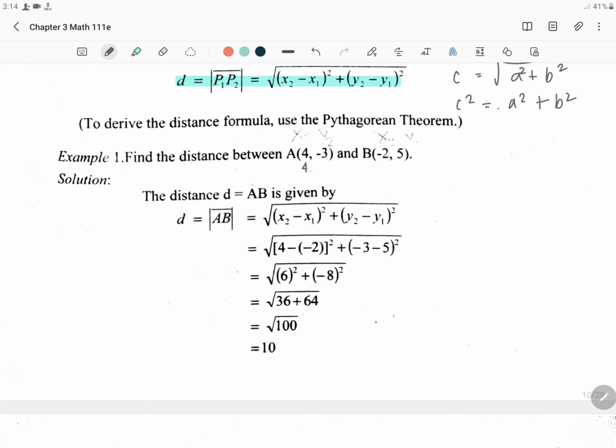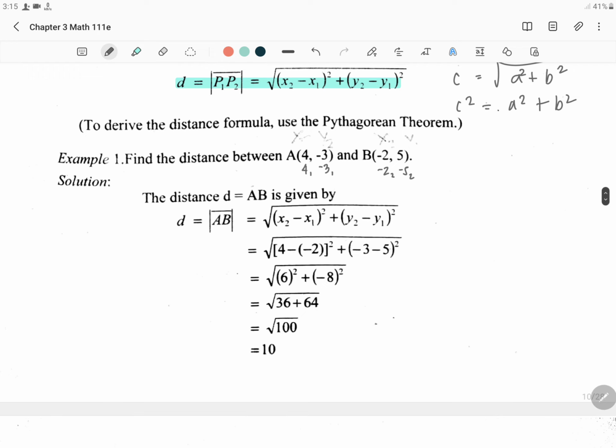We have 4 sub 1, then negative 3 sub 1, then negative 2 sub 2, negative 5 sub 2. Depende sa inyo kung anong gusto nyo label na subscript. Pwedeng A, pwedeng B. Kung gusto nyo i-follow dito sa points natin. Okay? So in my case, I will just put in numerical presentation. Dito rin ipapakita natin kung magmamatter ba yung order ng X and Y, kung sinong mauna sa kanila.